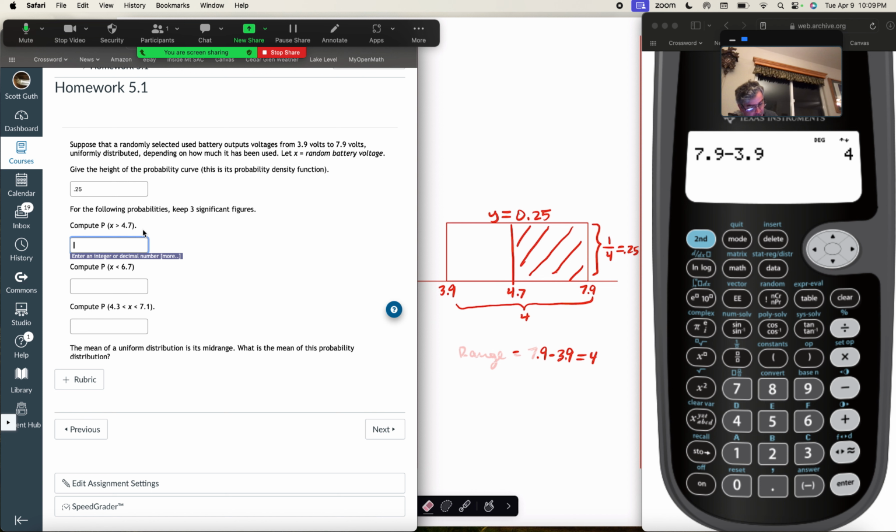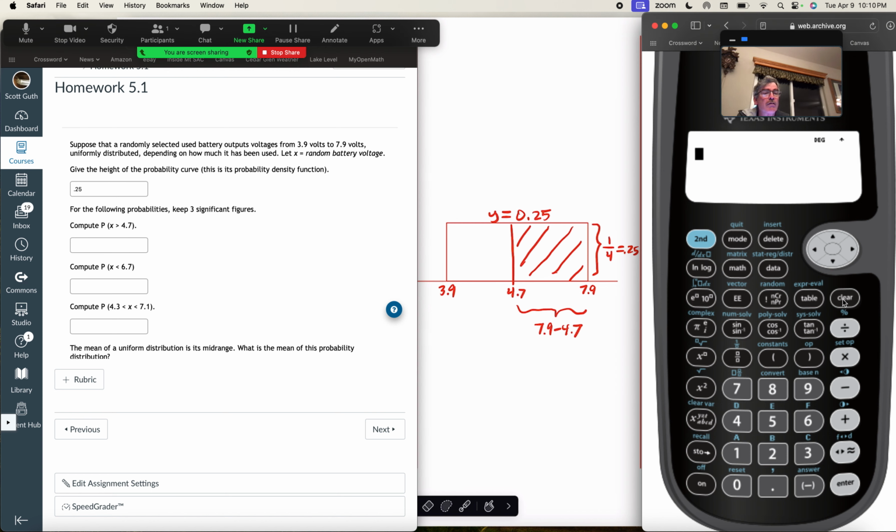We're still finding the area of a rectangle here, but the base that we're working on here has a width of 7.9 minus 4.7, which is 3.2.